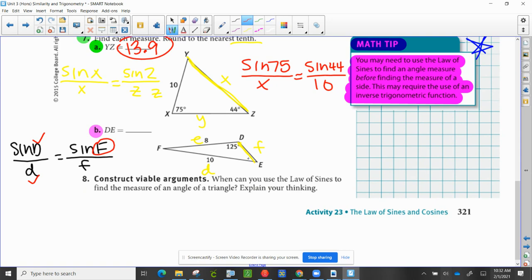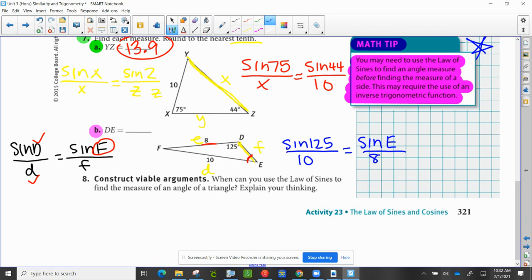So let's look at what we're given. We're given the length of little e. So maybe we can use the law of sines to find angle E first, which would then help us find F. So here's our little side project. We have the sine of D, so 125, equal to the little d across from that, equal to the sine of E, which again we don't know, but across from that would be 8.